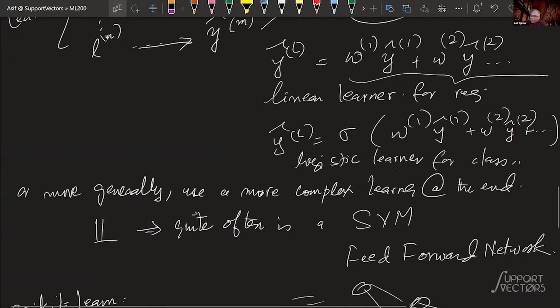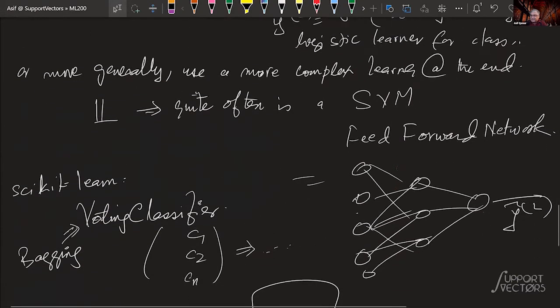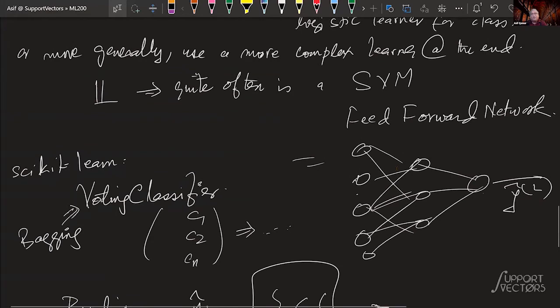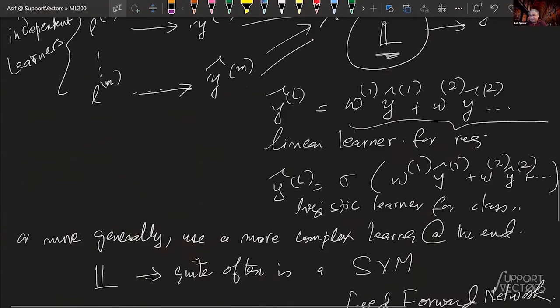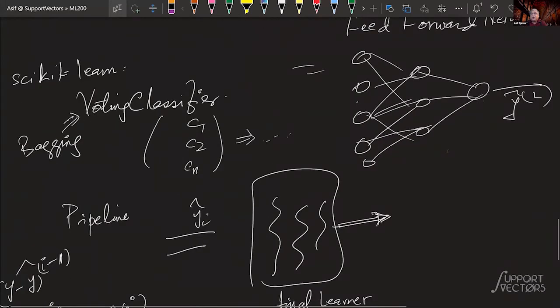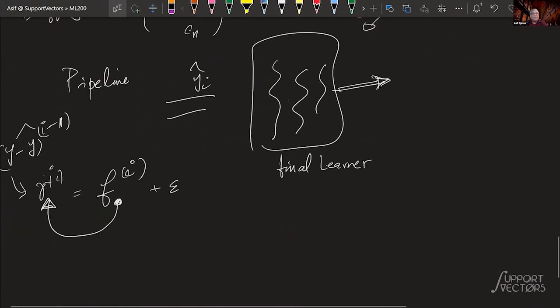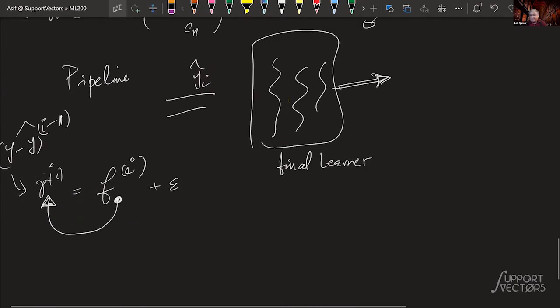But more and more, what is common is not to do something linear, but to use a really powerful algorithm at the tail end of it. What you put there typically is an SVM or a neural network. You put a few layers of a neural network, or sometimes just one layer. And we find that you can sometimes, not always, get pretty good prediction from the sum total of all of it. So this is called stacking.